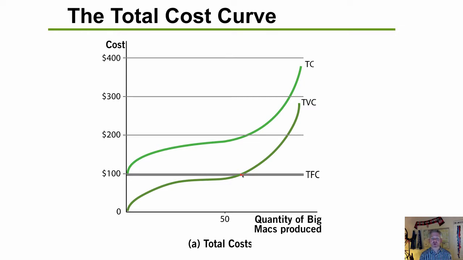Notice when we get to this point where total variable cost equals total fixed cost, that is the point at which the total cost curve now starts increasing at an increasing rate, right? As the total variable cost keeps increasing, now we get this slope.